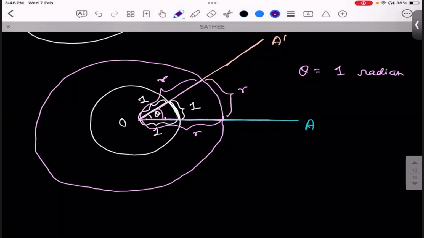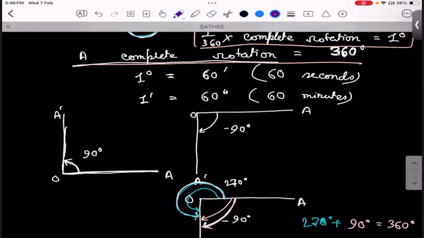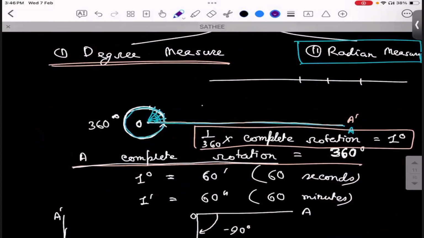Okay, now the question is, in the case of angle, or in the case of degree measure, we did some manipulation to find how to measure an angle.